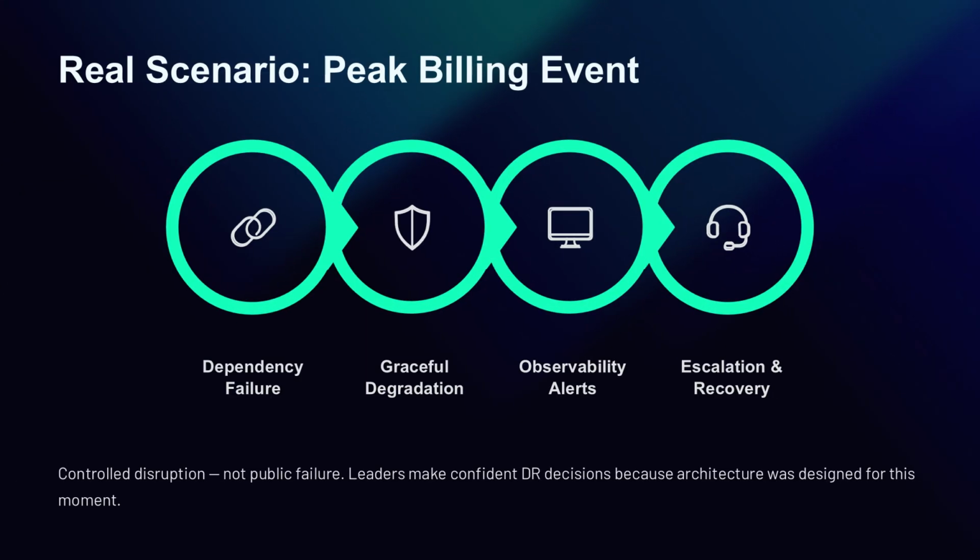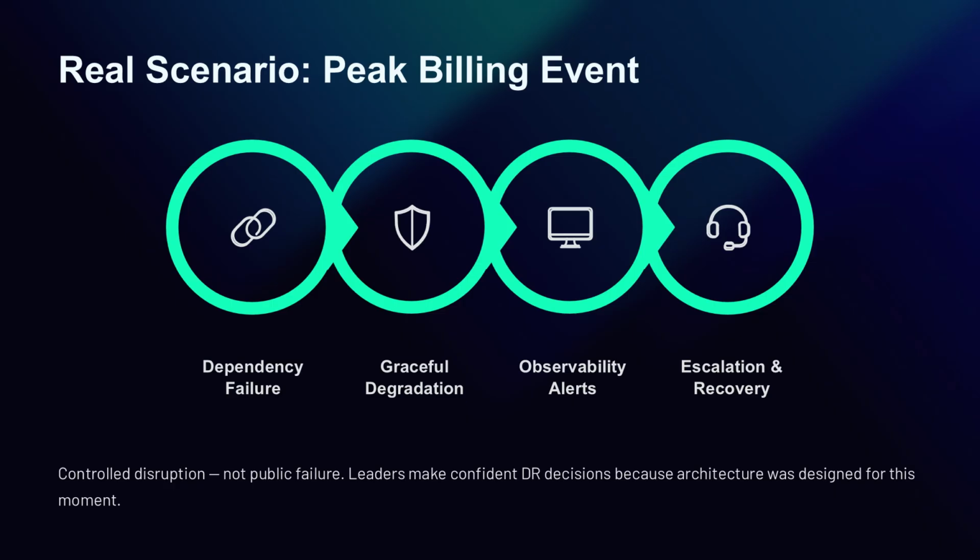With the investment narrative clear, you can now ground resilience in a scenario leaders recognize. Imagine a customer services platform during a peak billing period when usage is high and customer expectations are strict. A dependency failure occurs in a downstream billing service.